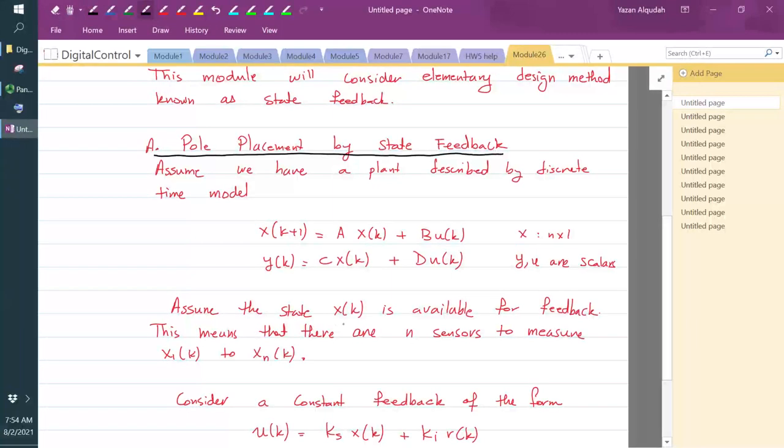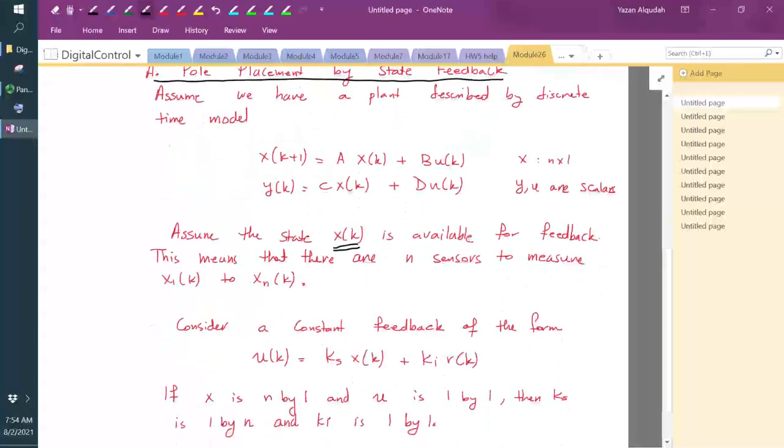X is the states, so we're assuming we have sensors that can measure all the states of the system. If you're measuring a motor, we have a sensor that measures the location or position, and a sensor that measures the speed. All the states in the system can be measured and we have access to them.